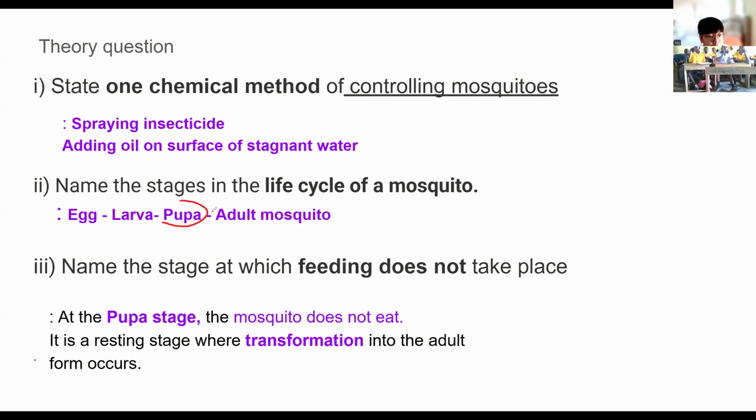So it's actually the pupa that does not need feeding. At the pupa stage, the mosquito does not eat, and it is a resting stage where transformation into adulthood occurs. So pupa is a waiting period, and the mosquito doesn't eat anything during that stage.